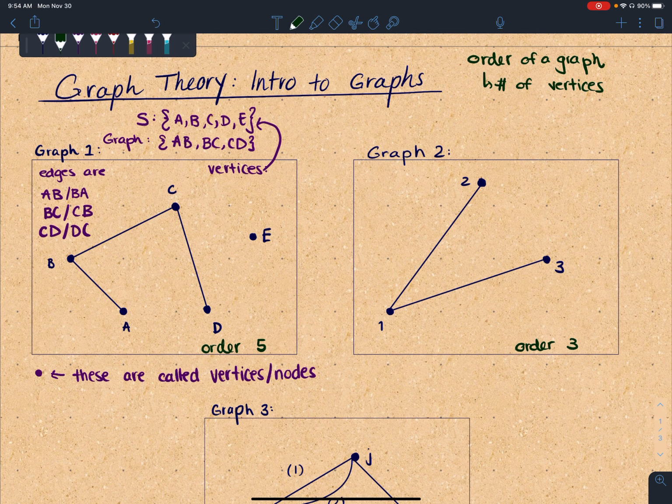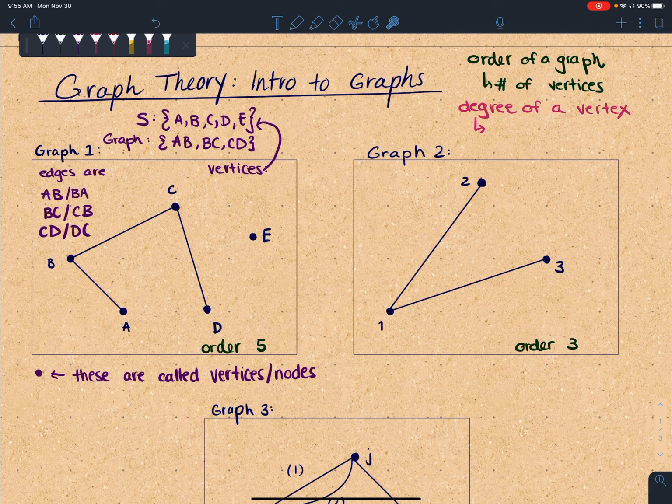Okay, and then we also have the degree of a vertex. The degree of a vertex is how many edges meet up at that vertex.